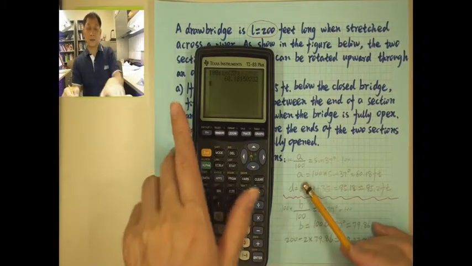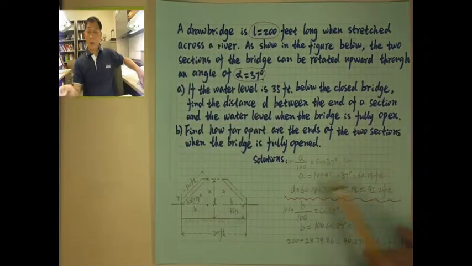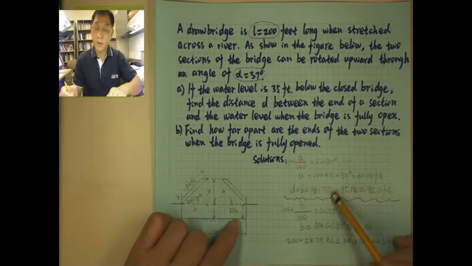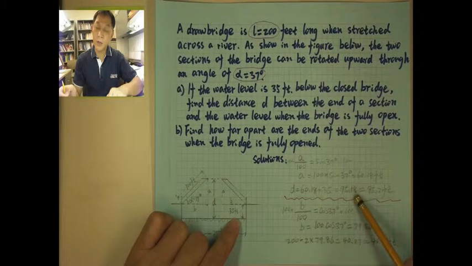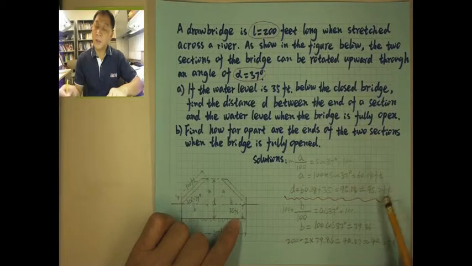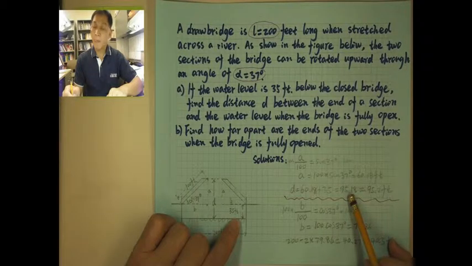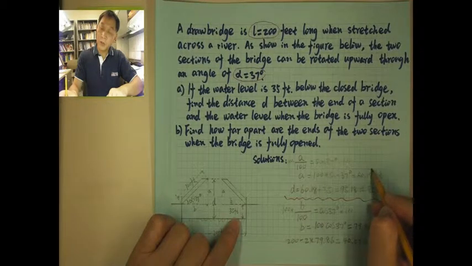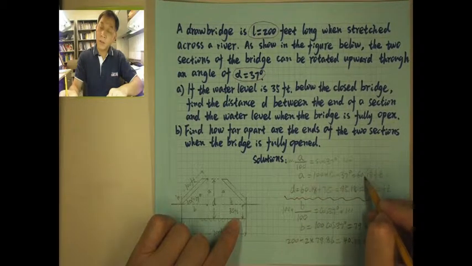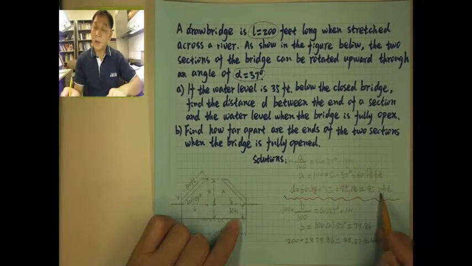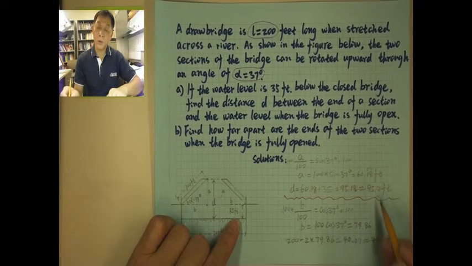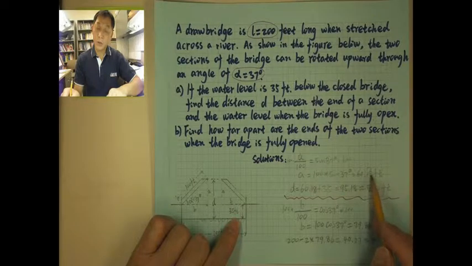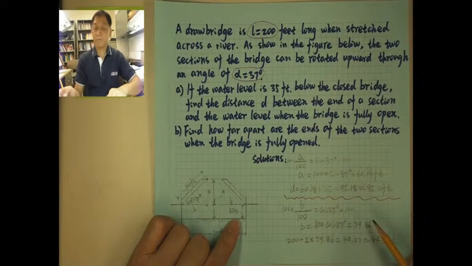Okay, that's A. 60.18 is A. You add 35, it is 95.18. If you just need one digit after the decimal point, you got to round it. Remember, in the middle steps you always want to have 2 digits after the decimal point. If the final answer requires 1 digit, you need 2 digits in the middle steps. Otherwise, you may get mistakes.